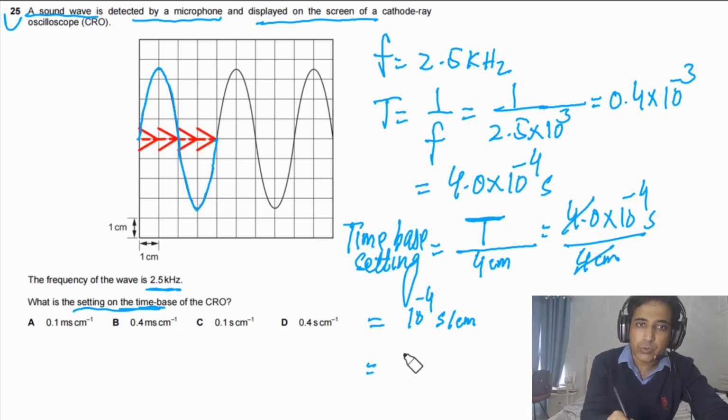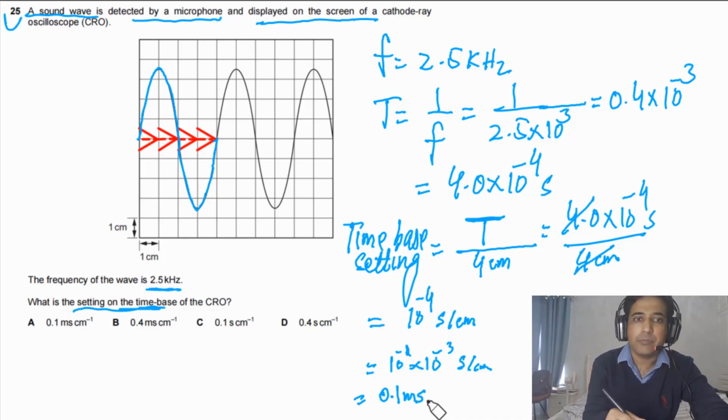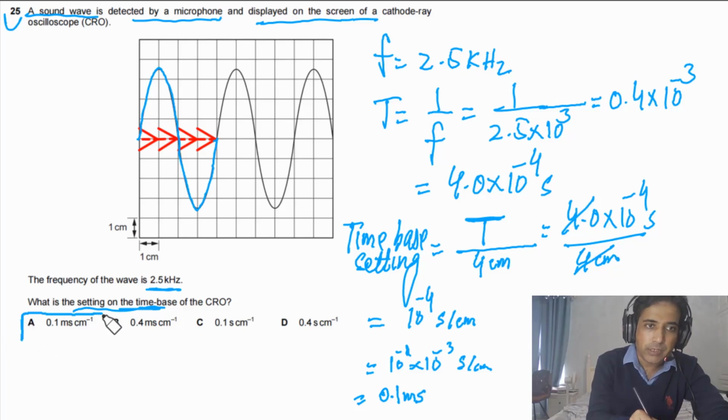We can also write this as 10 to minus 1 times 10 to minus 3 seconds per centimeter. So it means we can write this as 0.1 milliseconds. If you look at given options, option A is correct. So this is the right answer.